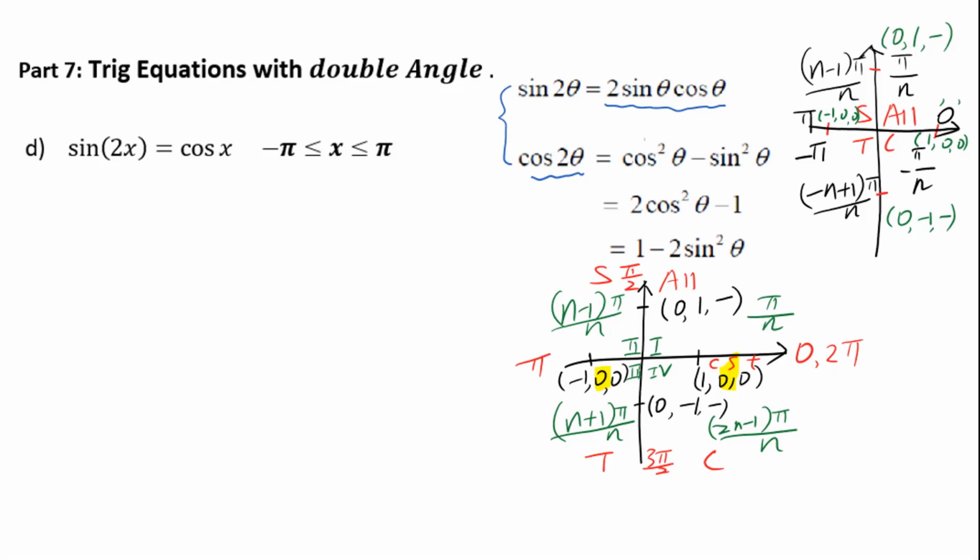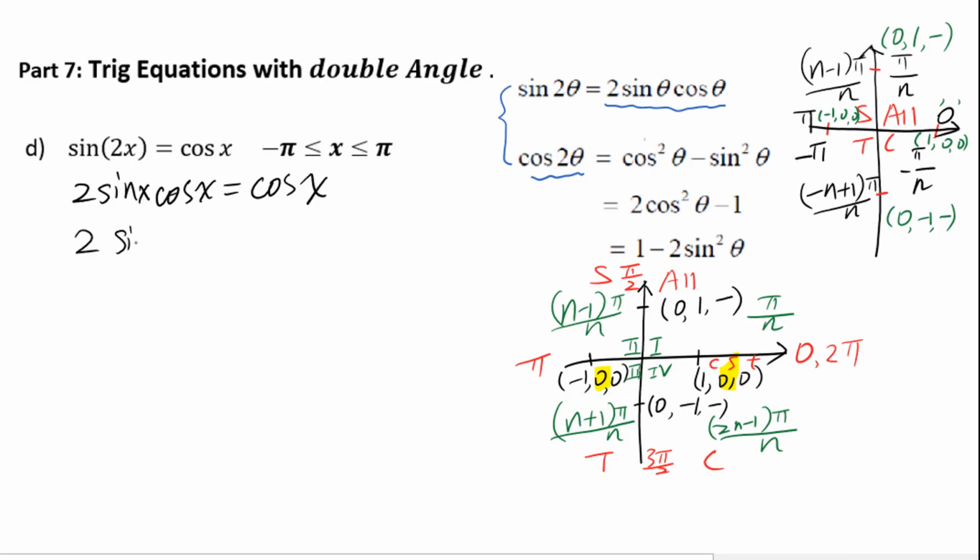Let's go to D. We need to change sine 2x into 2 sine x cosine x equal to cosine x. We count sine x cosine x as a quadratic pattern, so get equal to 0. 2 sine x cosine x minus cosine x equal to 0.